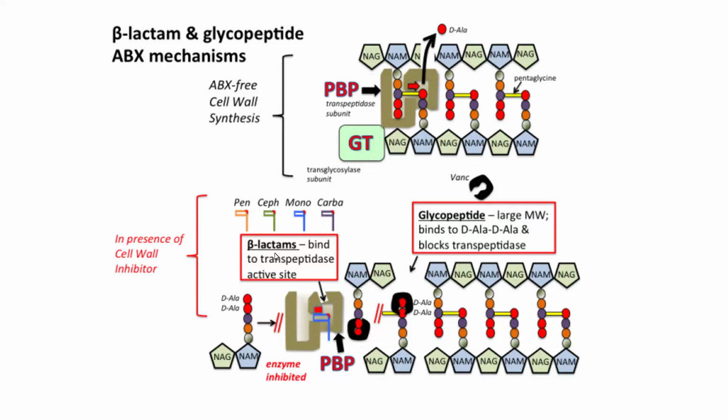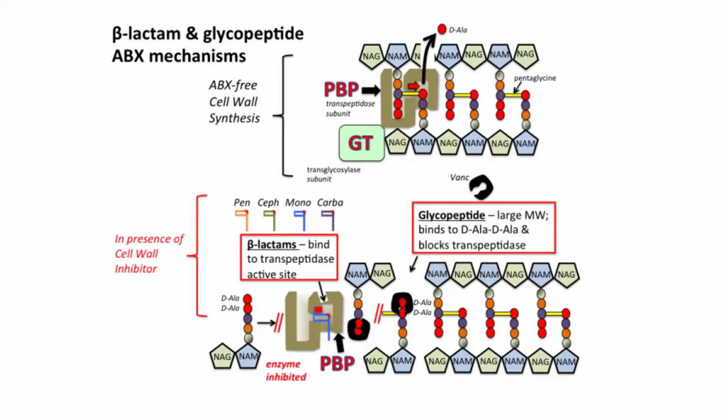The beta lactams actually bind to the transpeptidase active site and prevent it from making these crosslinks, while your glycopeptides like vancomycin bind to the D-alanines and block the transpeptidase. So it's six in one, half a dozen in the other. Essentially, they're inhibiting cell wall synthesis.